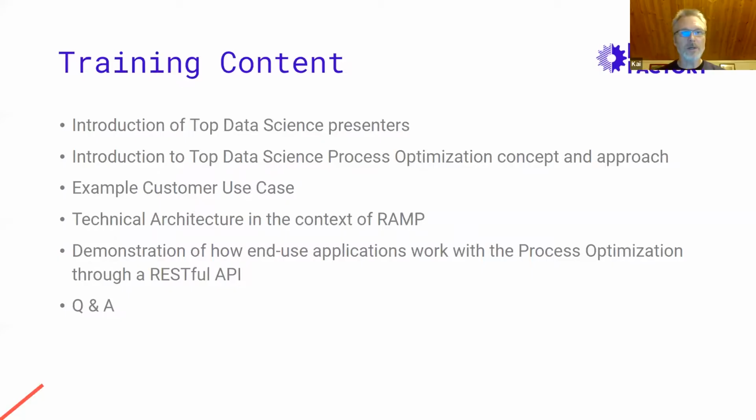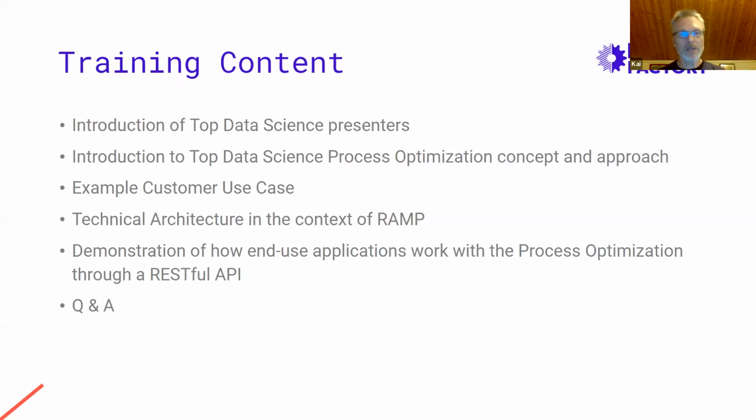I start with the training content. First, we are going to introduce who will be presenting in this session. Then an introduction to our process optimization concept and approach. Continuing with an example customer use case where the solution based on this technology has been taken into use, providing value to the end customers for a specific industry.